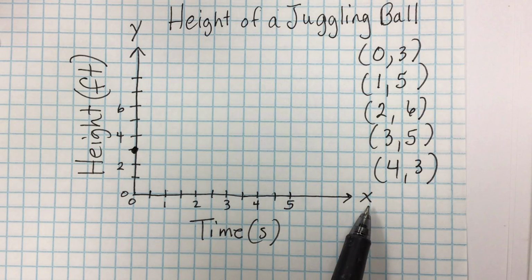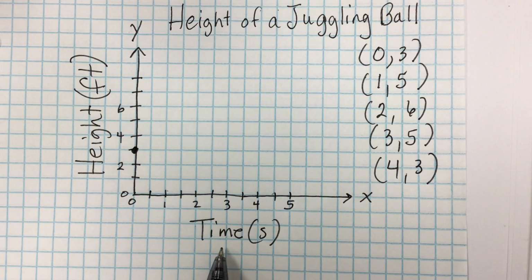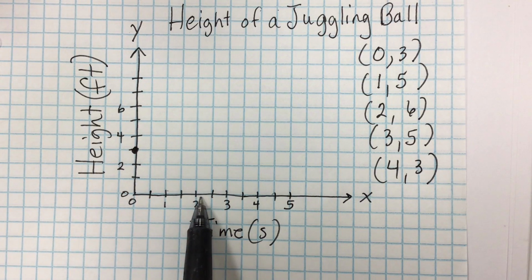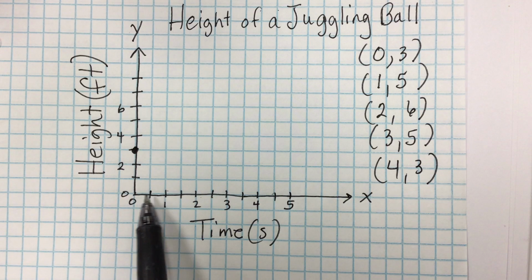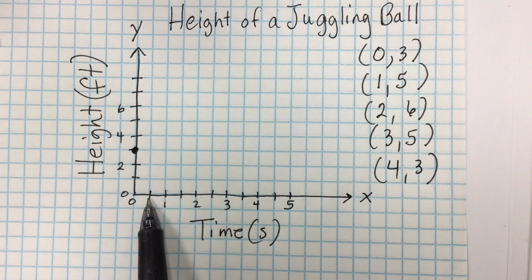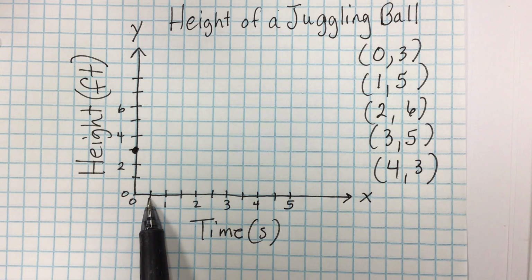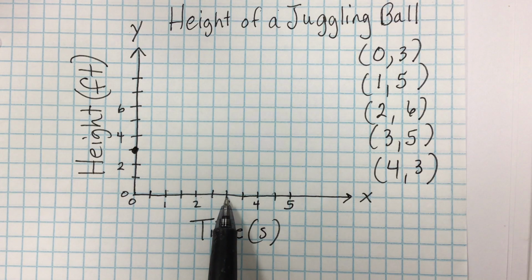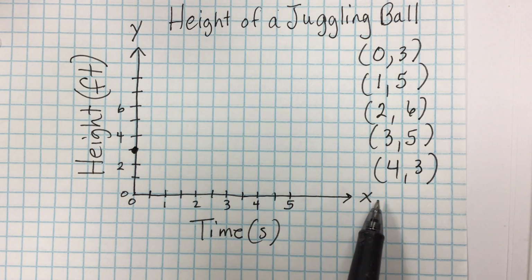Your horizontal axis is representing time, and every marking is representing a half. So see, I had 0, a marking, and 1. So dividing 1 by 2 means this represents a half. So this would be a half, 1, 1.5, 2, 2.5, 3, 3.5, 4, and so forth.